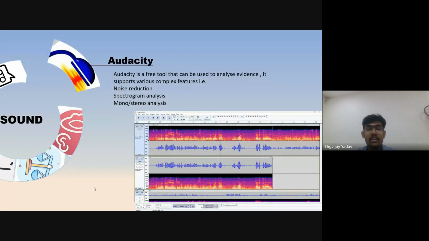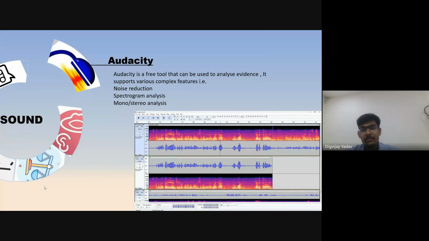This is a very unique software that is usually used by music producers to edit music as well as record music, because it has support for a wide variety of codecs, as well as a wide variety of audio file extensions.